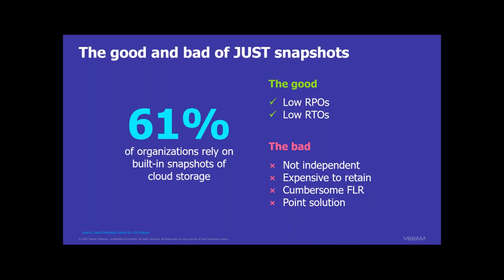And for those of us on the call who are backup experts, might be feeling a little bit of cringe because we know that that can be an incredibly expensive design structure. It's expensive, it's cumbersome, and it doesn't really consider the portability and migration that might be required to move data to lower cost storage like object storage, or to even exfiltrate from the cloud.